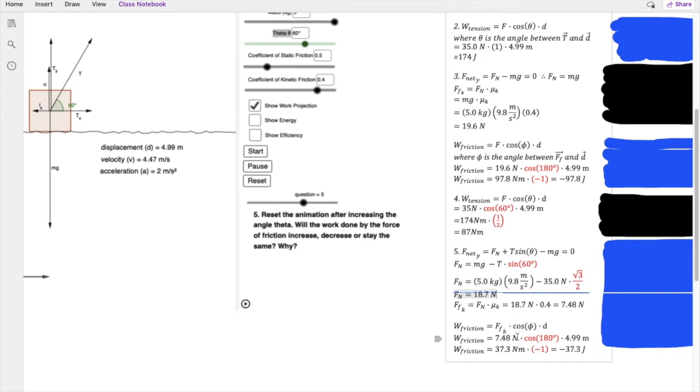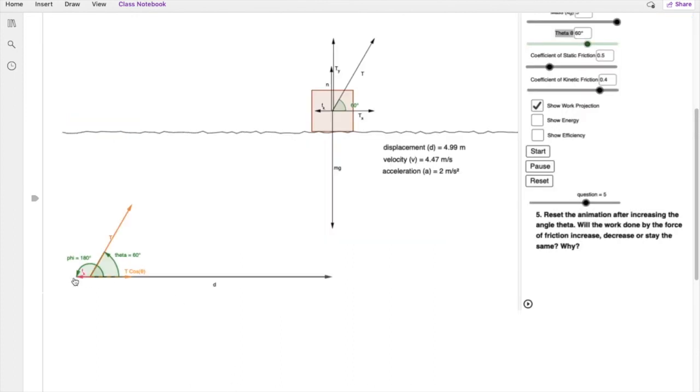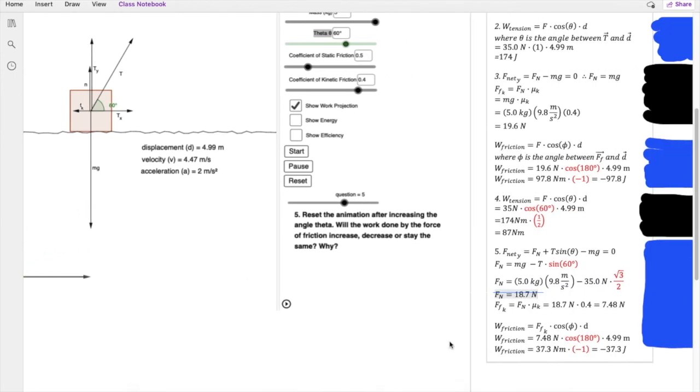Now all we have to do is implement the force of friction times cos phi. Again, this is because the force of friction is 180 degrees away from the displacement, given by the symbol phi there. All right, and finally, putting that all together, that gives us negative 37.3 joules.